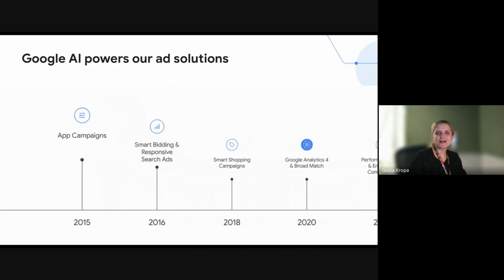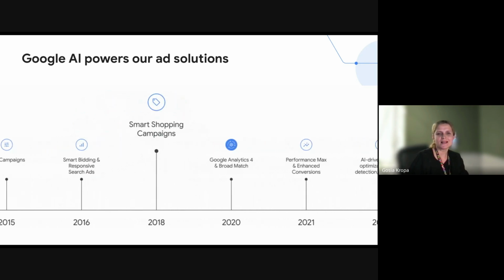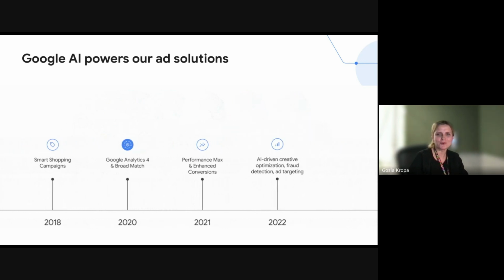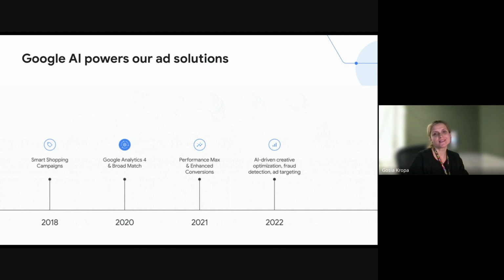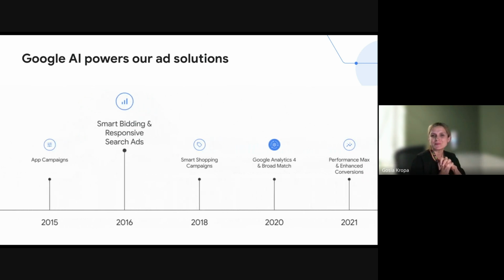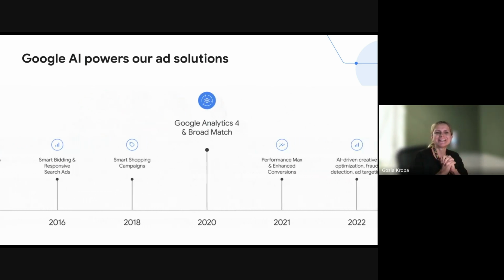But before I jump into the ins and outs of Google AI in ads, I want to reassure you all that it's likely you've been taking advantage of Google AI since as far as 2015. And that's the year lots of you were listening to Taylor Swift's 1989 album, I hope, which was released the year before, ages ago, right?